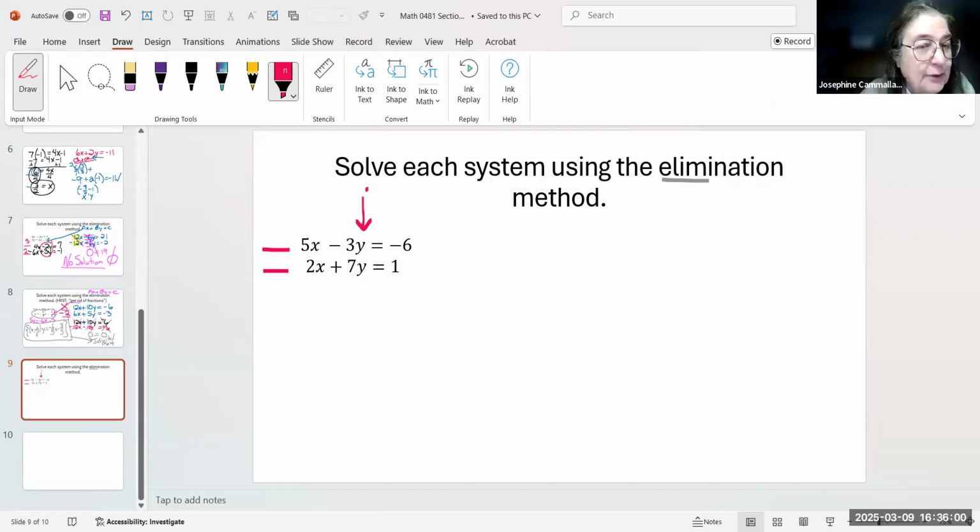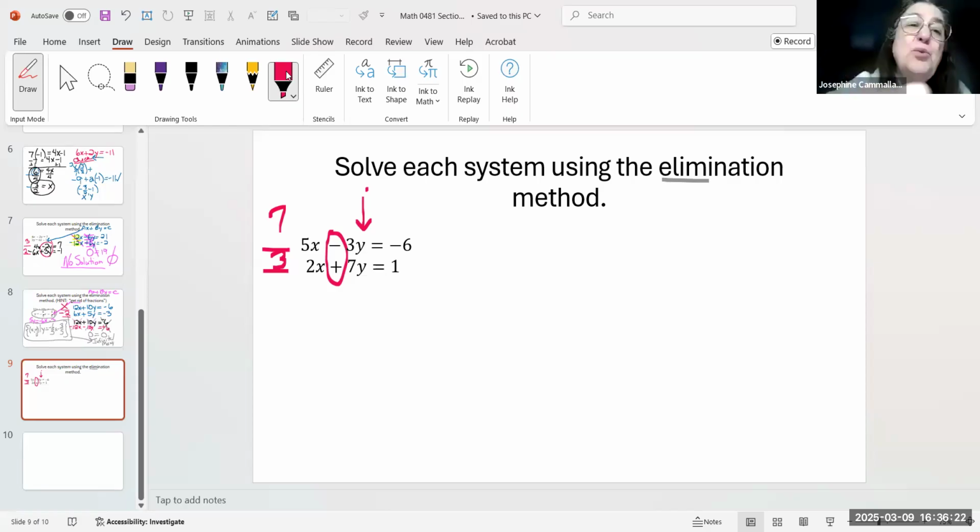I'm going to put 7 up here. I have opposite signs. I don't have to worry like I did in the last problem. I had to choose a negative multiplier because both my x columns and y columns had two positive numbers.